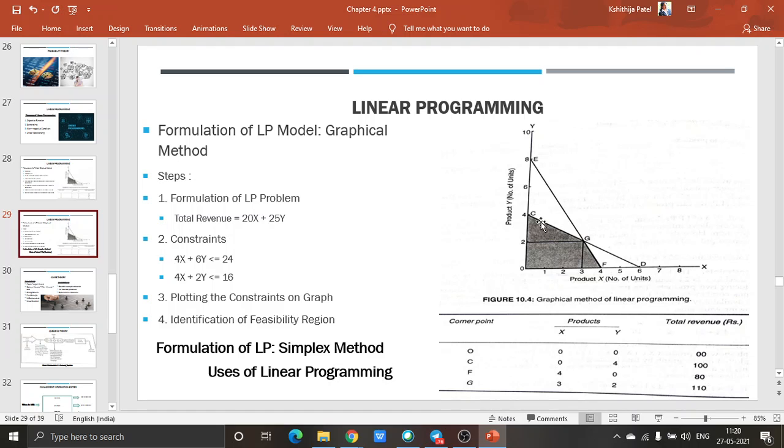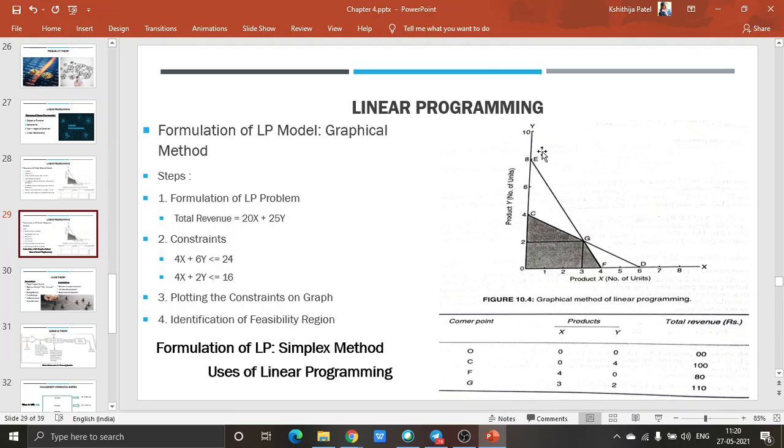Now, after locating these 2 points, they can be connected by drawing a straight line which is represented by C and D. Similarly, we can take machine B, which gives 4 units on the X axis and 8 units on the Y axis.